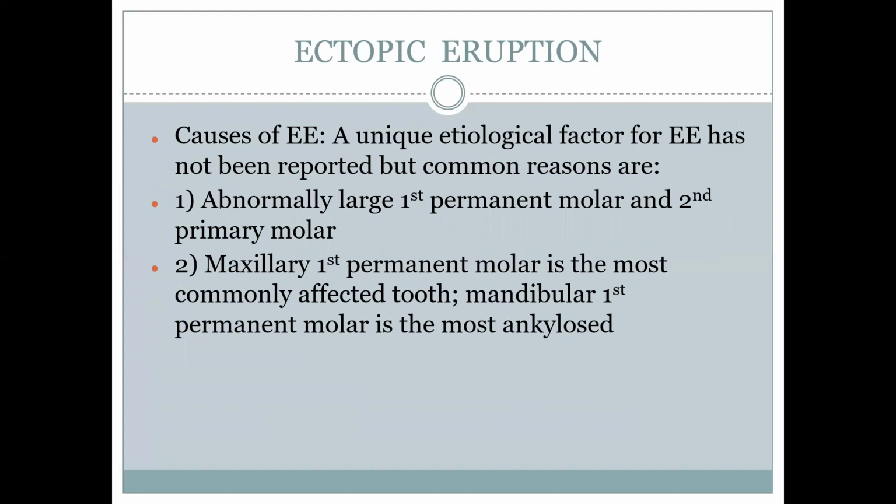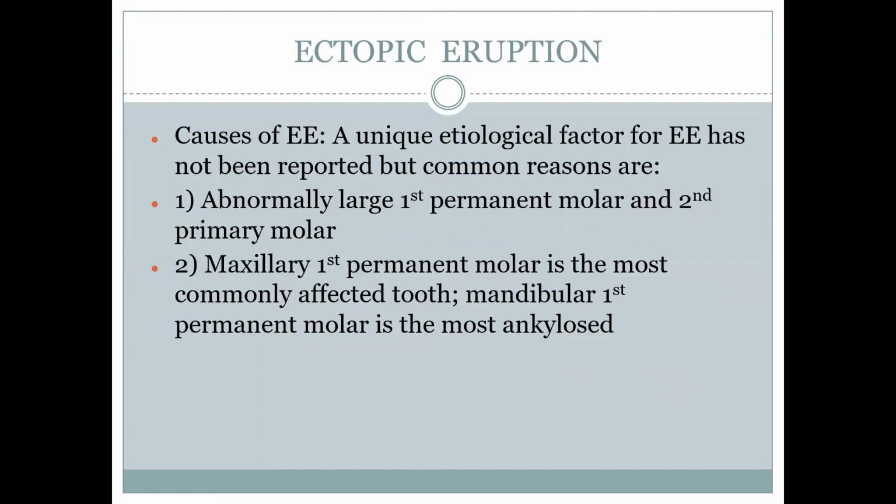So what is EE? What causes EE? A unique etiologic factor for ectopic eruption has not been reported, but some of the common reasons for EE are: 1, an abnormally large first permanent molar and second primary molar. And 2, a maxillary first permanent molar is the most commonly affected tooth.